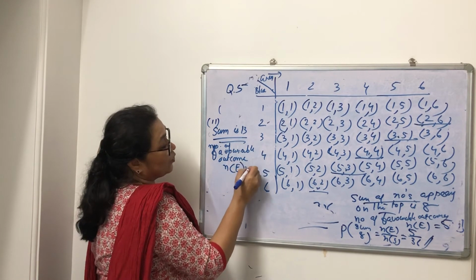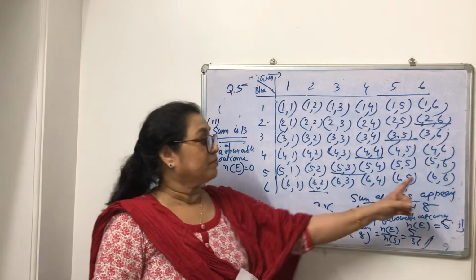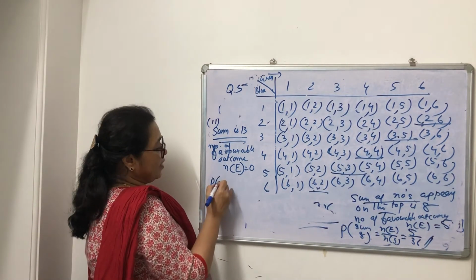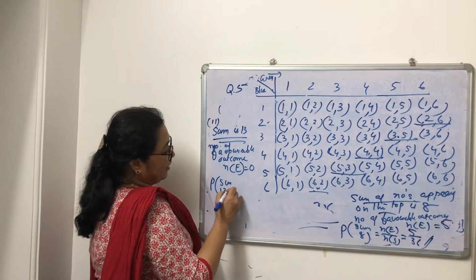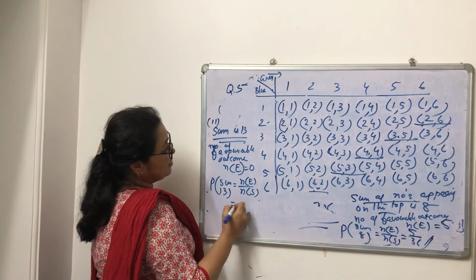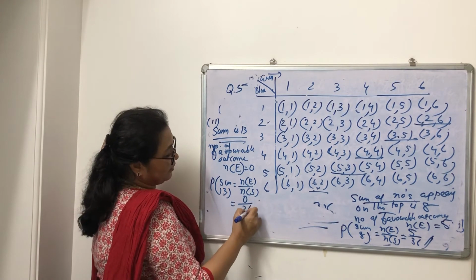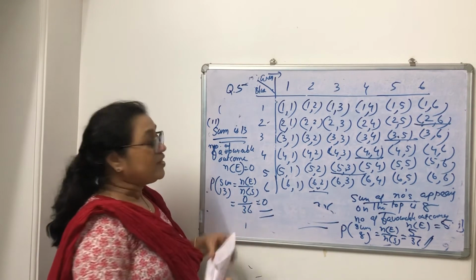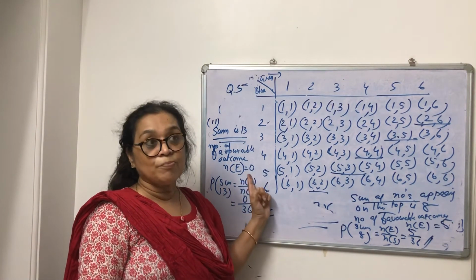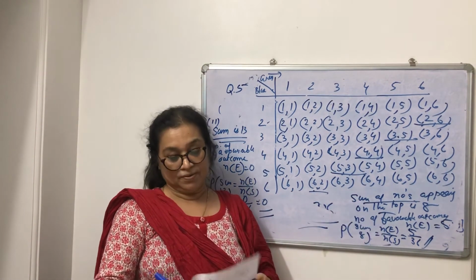NE is 0. You won't get the sum 13 in any of these cases. So NE is 0. P(sum 13) is NE by NS, 0 by 36 is 0. This event, the sum 13, is called an impossible event.